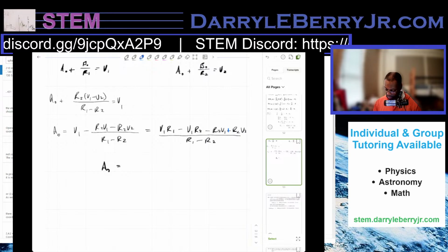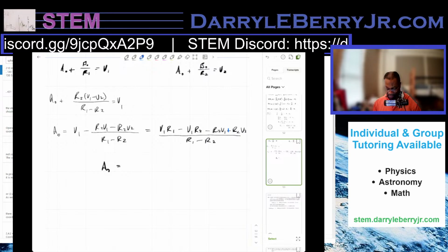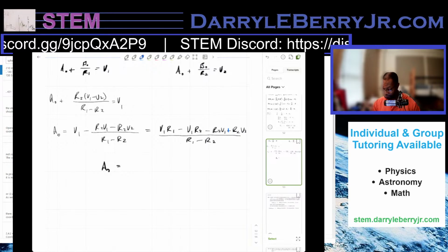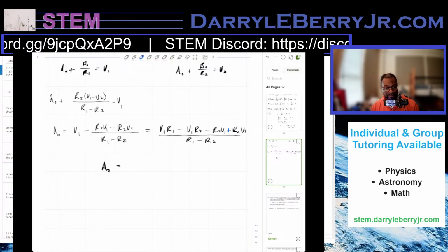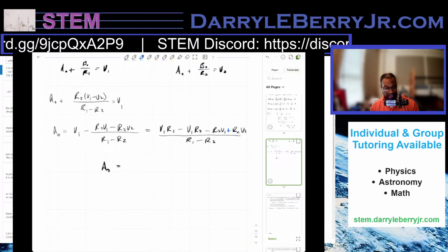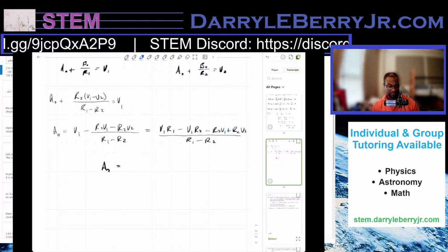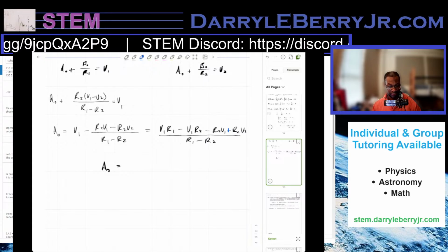Three V1s and three R2s. And it looks like somehow they simplified this in a way I can't see clearly at the moment. But I'll leave that there for now.